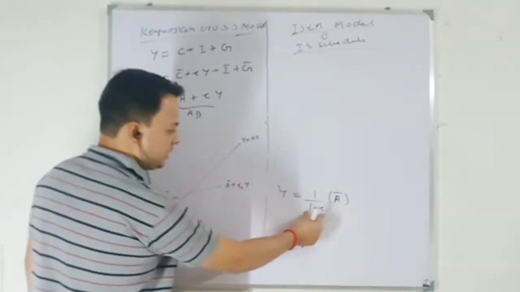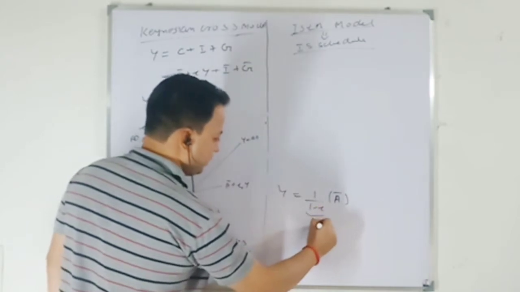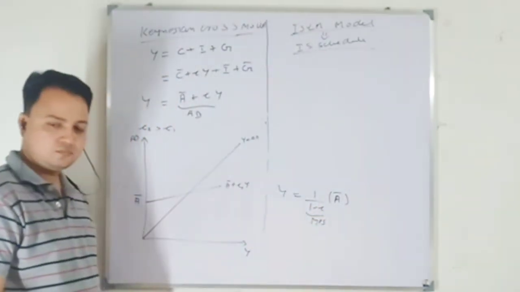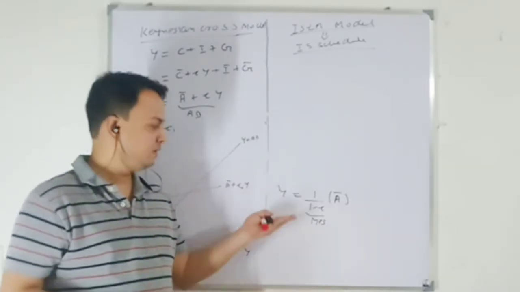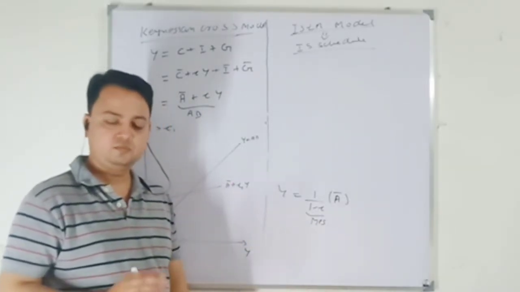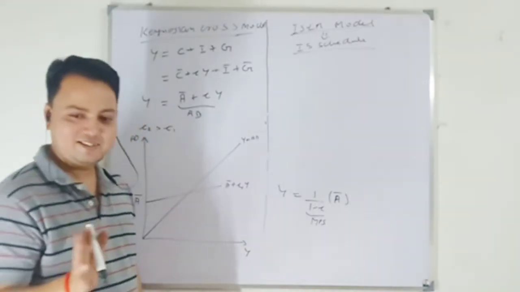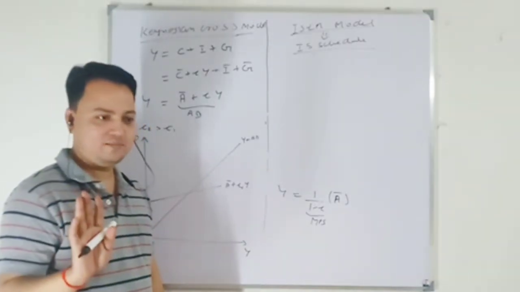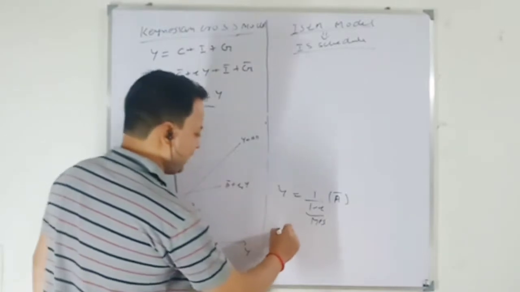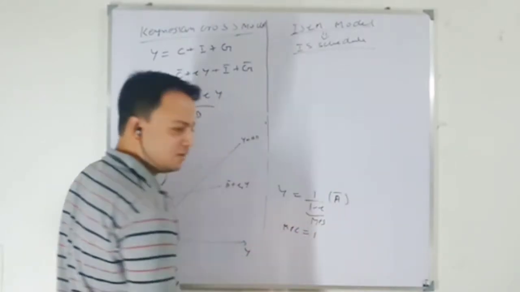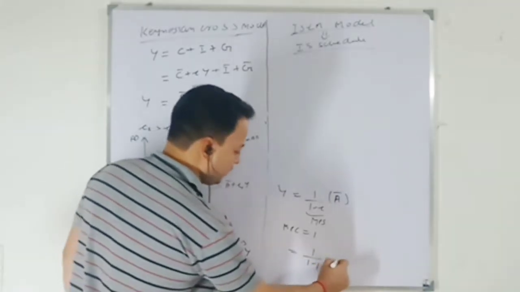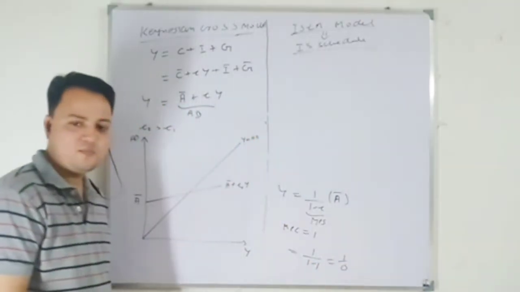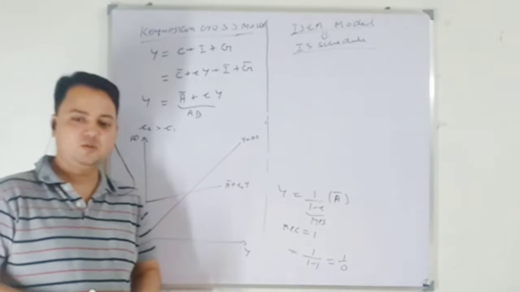This is the leakage, this is the MPS. As my leakage reduces, my income will be higher. Or in simple words, when my MPC equals 1, this will be 1 over 1 minus 1. So what is 1 over 0?